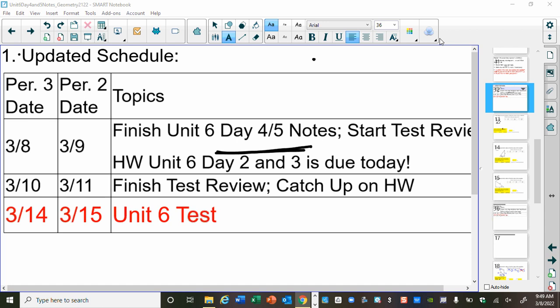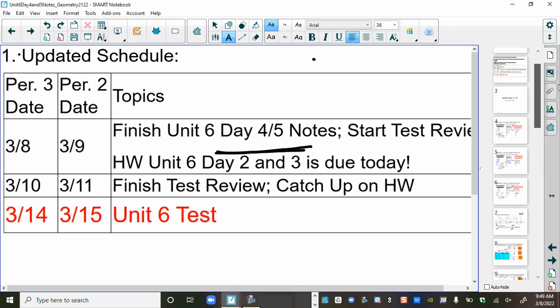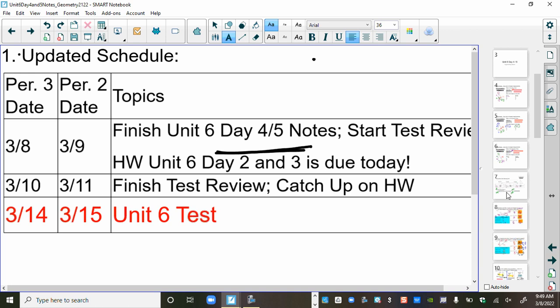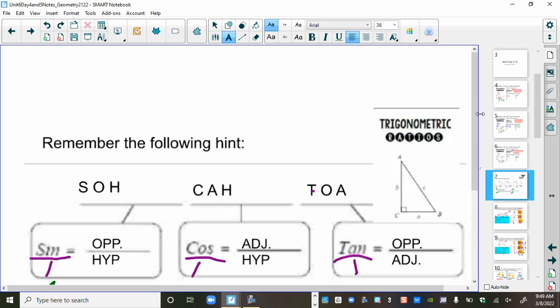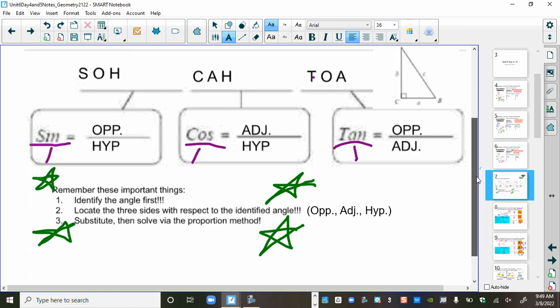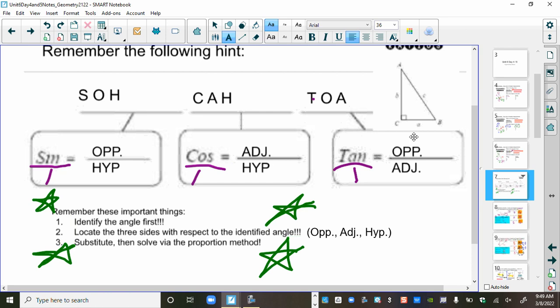We're probably going to use just about the whole period. I'm going to show you the problem where we're starting, because last time we started talking about sine, cosine, tangent. I'm going to highlight the slide. So you have your right angle.